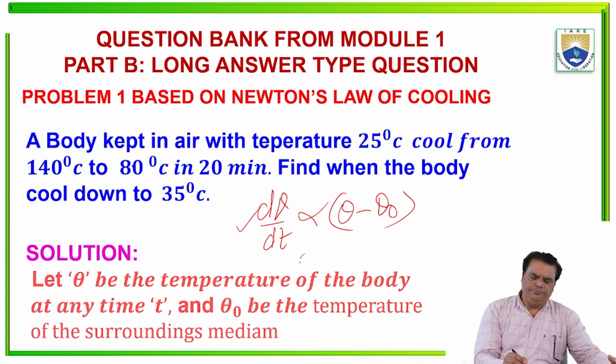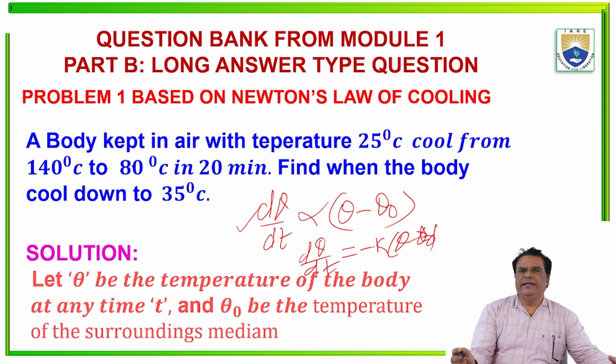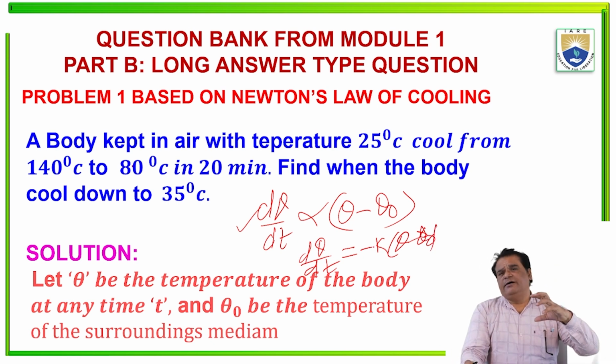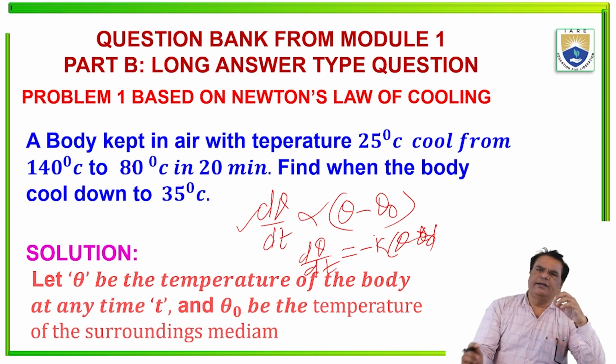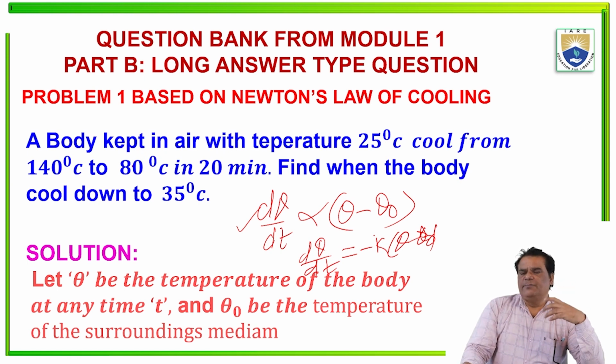Minus k is a proportional constant here. The negative sign represents that the temperature of the body decreases.